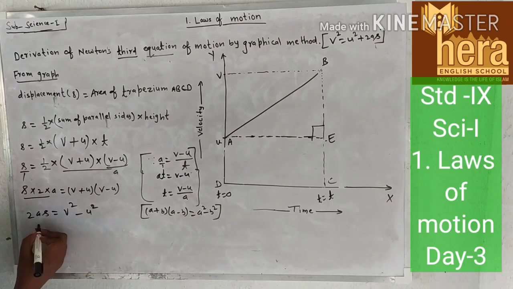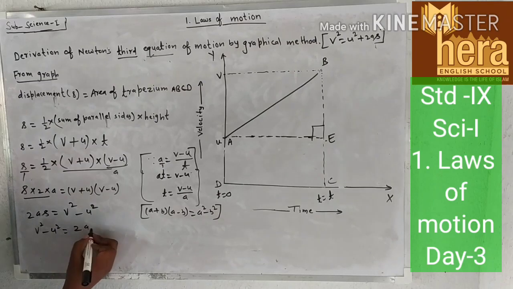So we can write v square minus u square is equal to 2as.